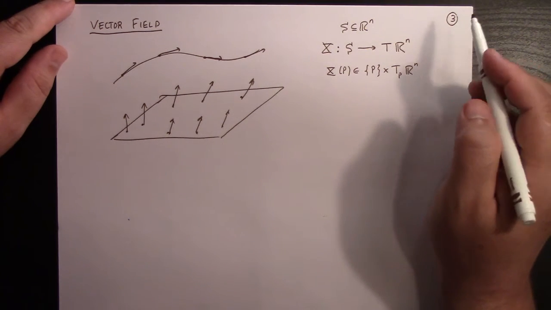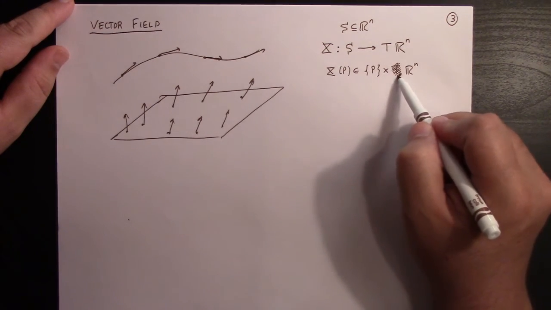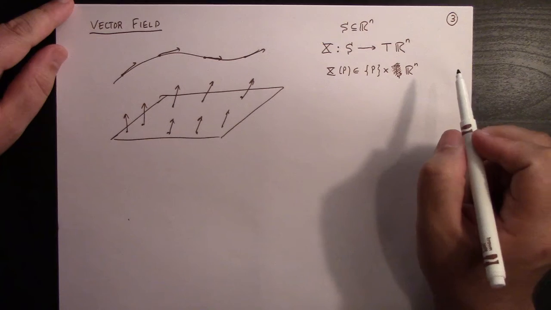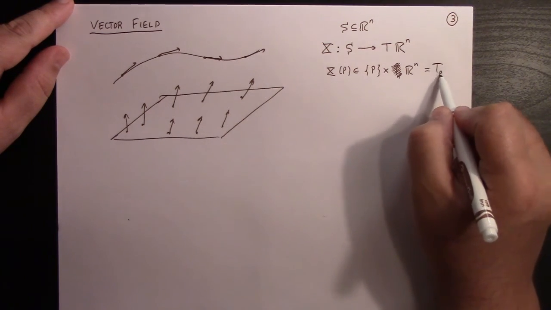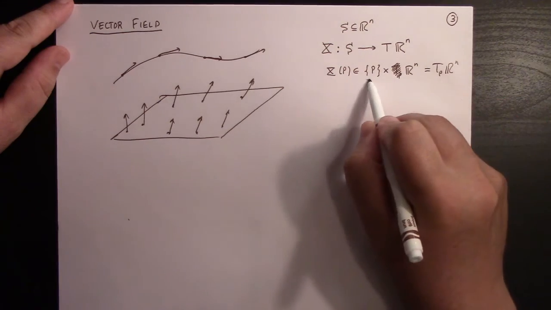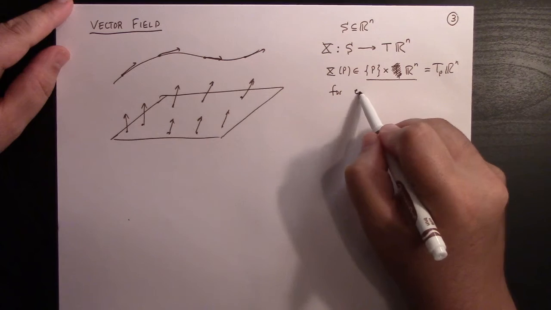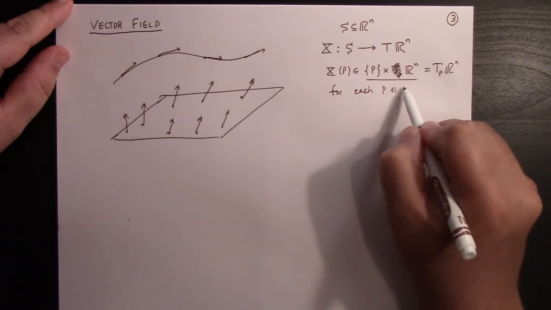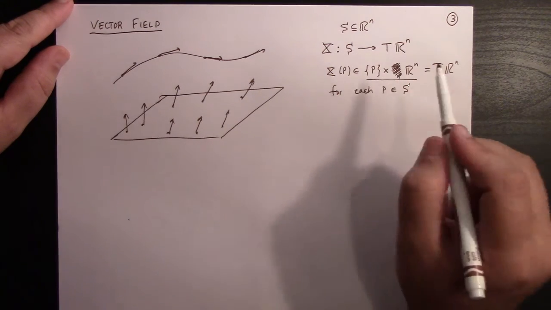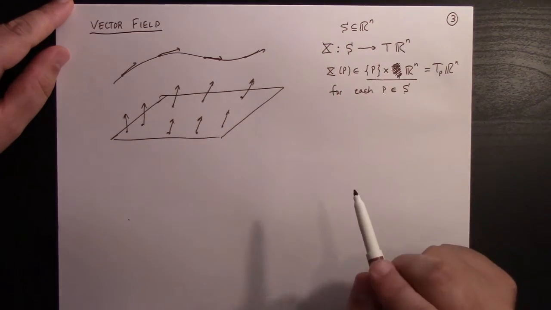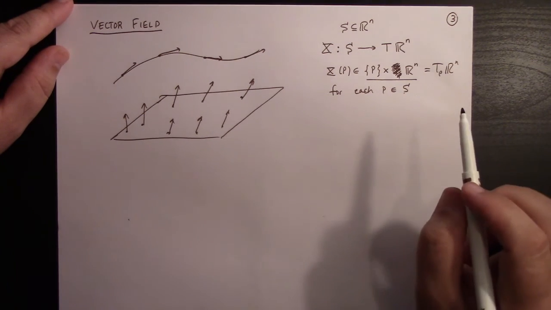I think what I should have is just R^n. There's a typo. My notes are distracting me. Sorry. So in other words, X of P is actually, this was what we called T_P R^n altogether, right? And that has to be true for each P in S. And don't be distracted by the notation. There should be a single X of P at each point in there.